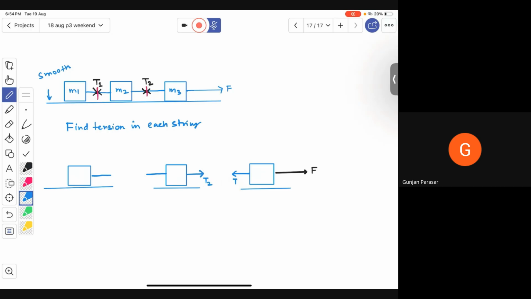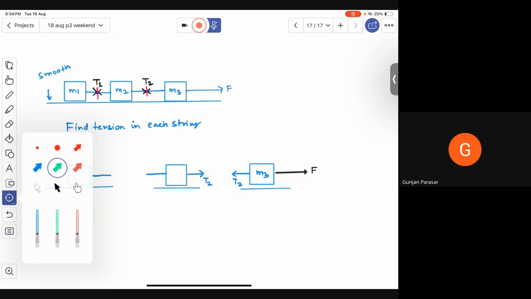Now tell me one thing. How will tension T2 act on the string which is connected with M3? It must act along the string, which is along the horizontal. But it should act in a manner so as to increase the length of this part, the one I'm showing with the cursor. So for that, it must be acting leftward, no?